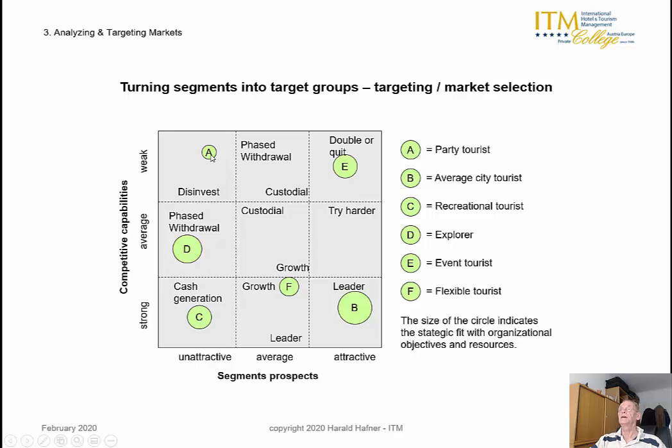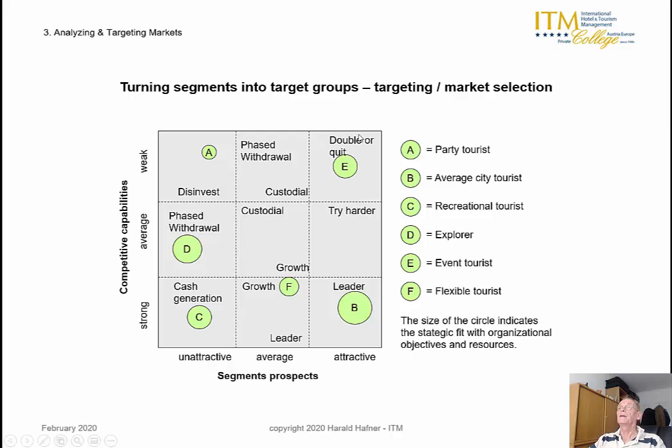As you can see here, the different segments that we have introduced have different sizes, and the larger a segment, the larger the size of a circle is, the higher its relative importance for the company. The smaller the circles are, the less important it is as far as its relative importance or contribution to the success of a company is concerned.